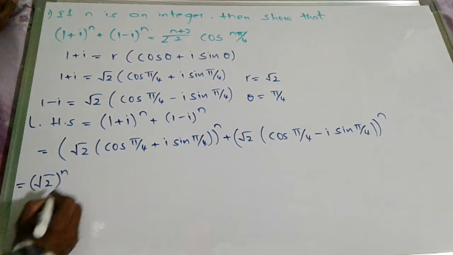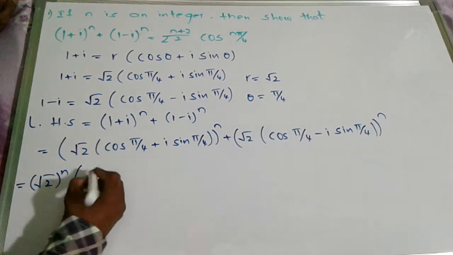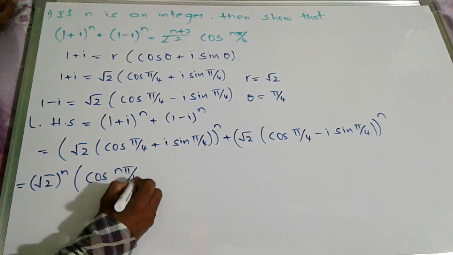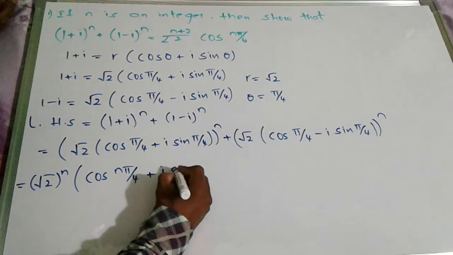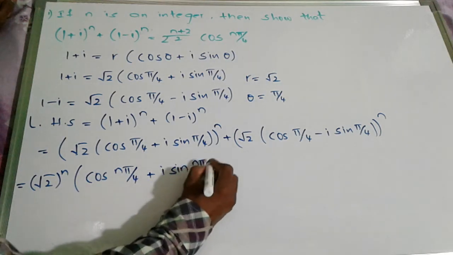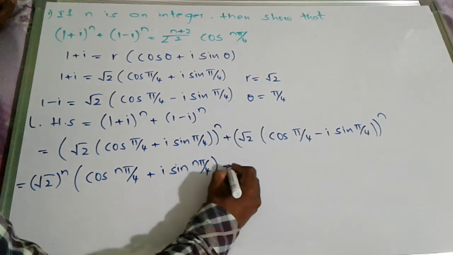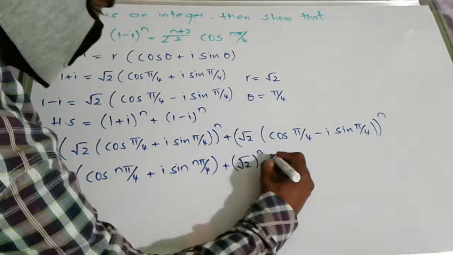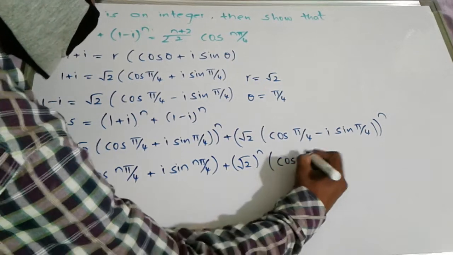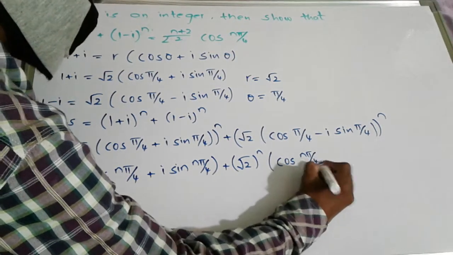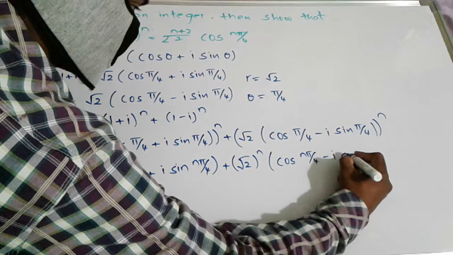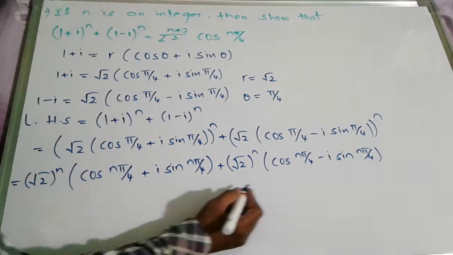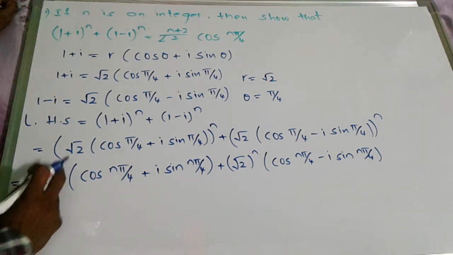Root 2 whole power n. After applying, we get cos n pi by 4 plus i sin n pi by 4, plus root 2 whole power n times cos n pi by 4 minus i sin n pi by 4. So I am taking root 2 whole power n common.